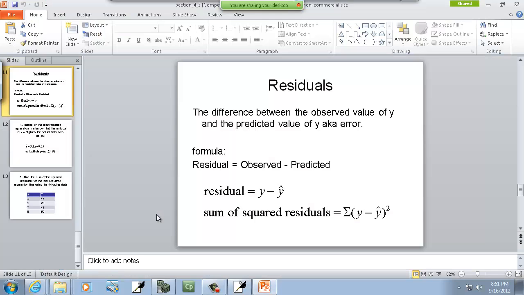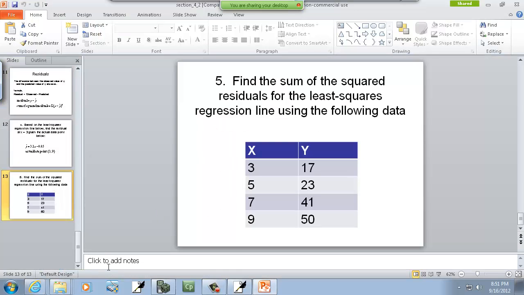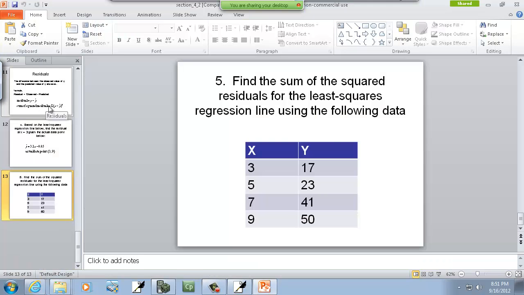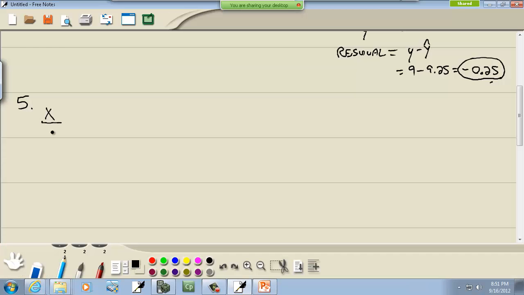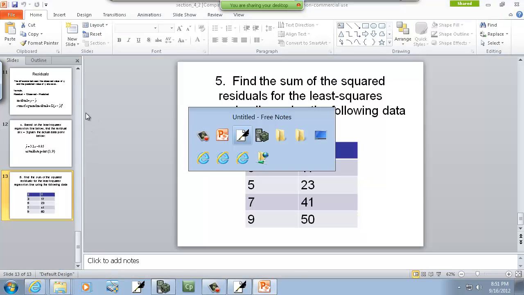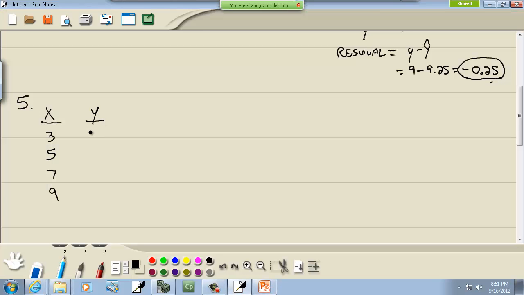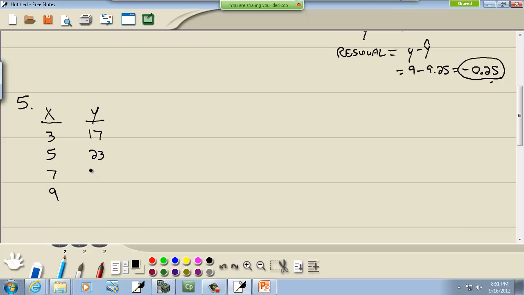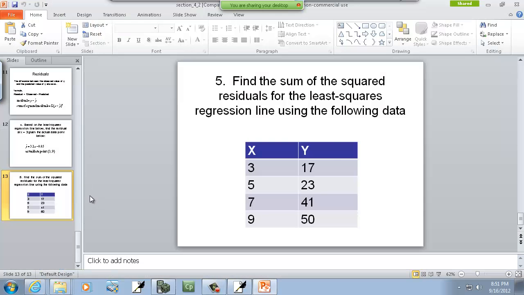Well, let's do the next problem. This is find the sum of the squared residuals. So let me write this down. We got x, which is 3, 5, 7, and 9, and we got y, which is 17, 23, 41, and 50.